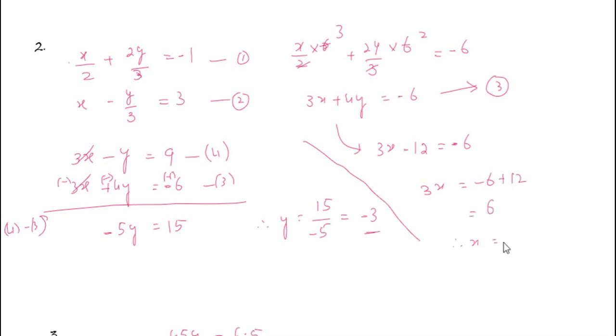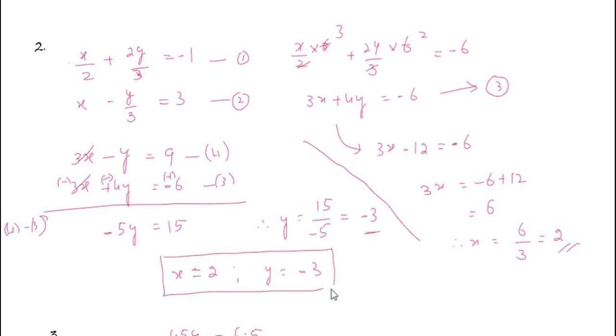Therefore x = 6 divided by 3, which is 2. So the solution here is x = 2 and y = -3. So this is the solution using the method of elimination.